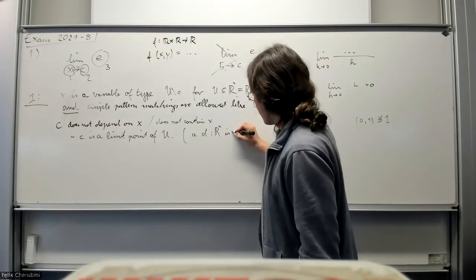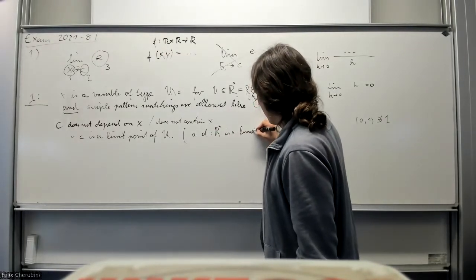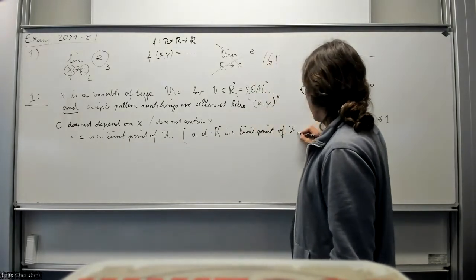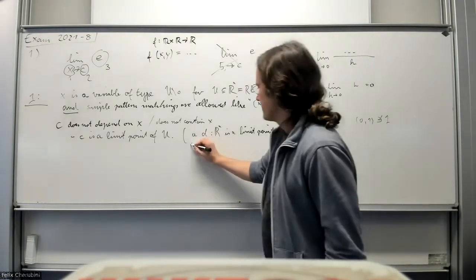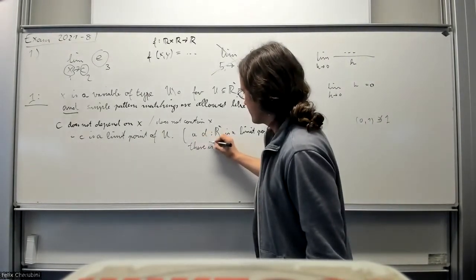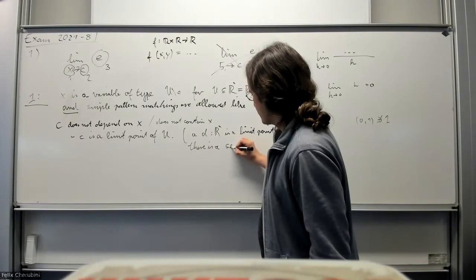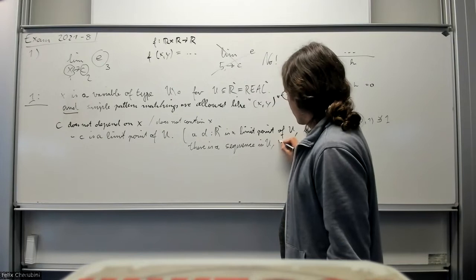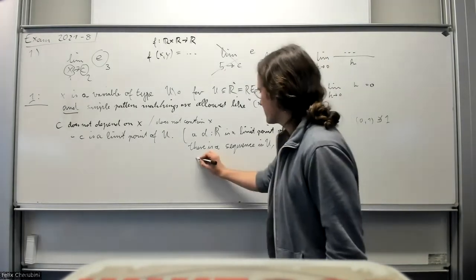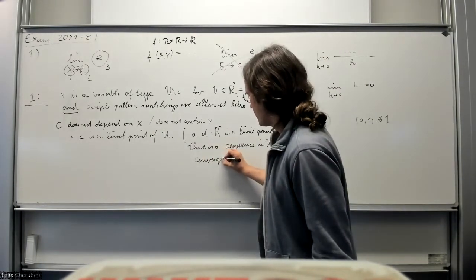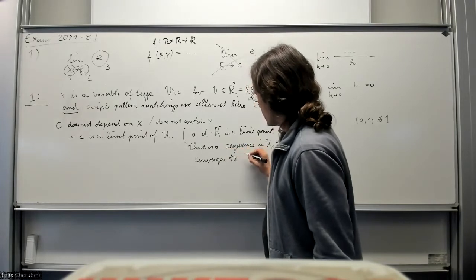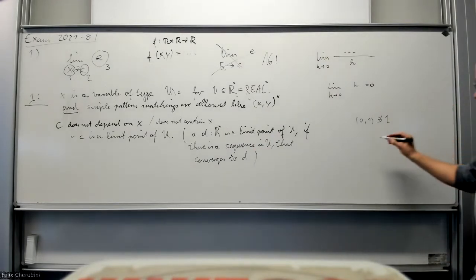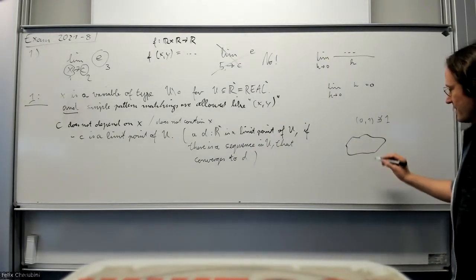D is a limit point of U if there is a sequence in U that converges to D. So that's a definition, and maybe here's a picture.